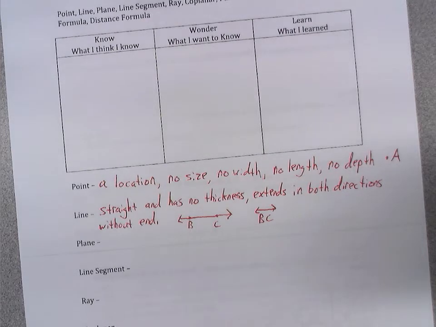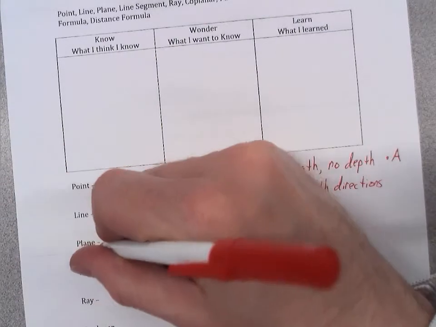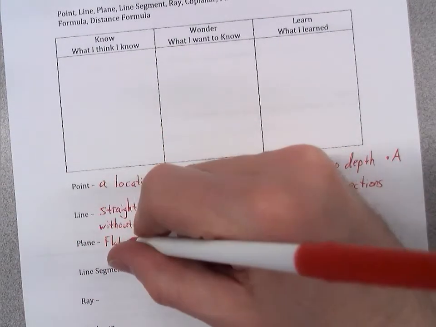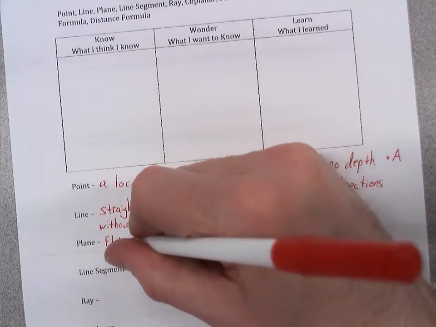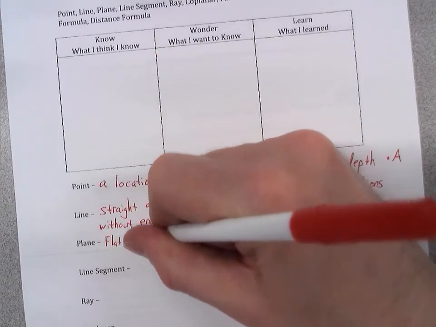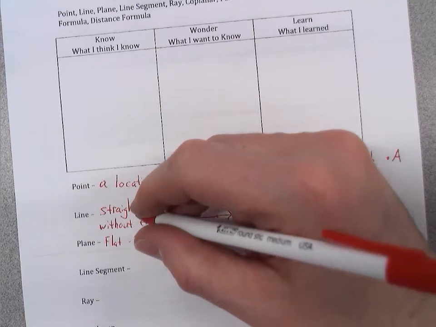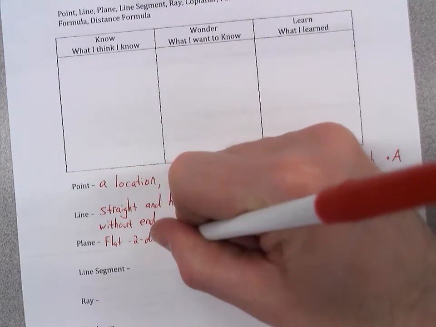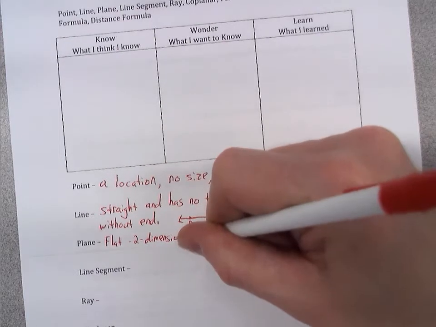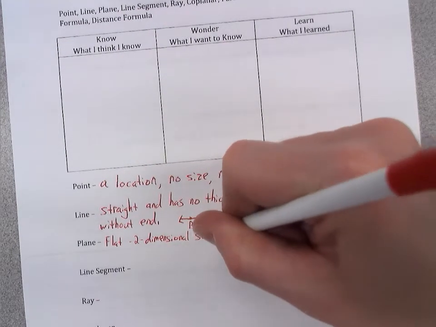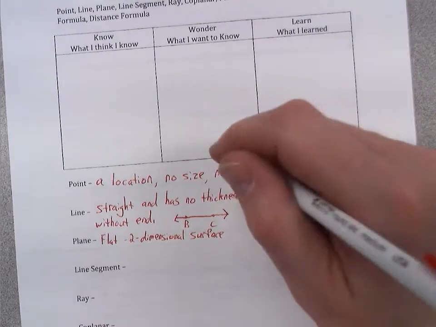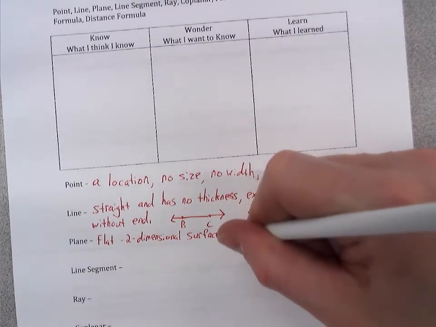Okay? All right. Next is a plane. A plane is a flat two-dimensional surface that extends infinitely.